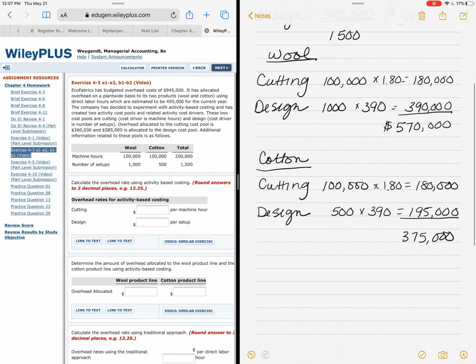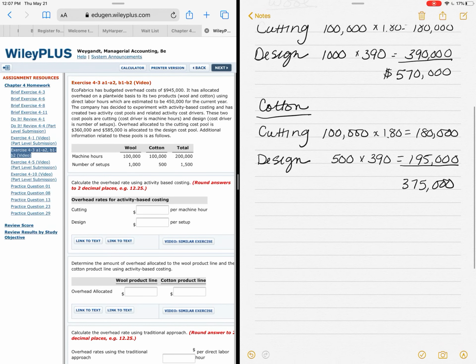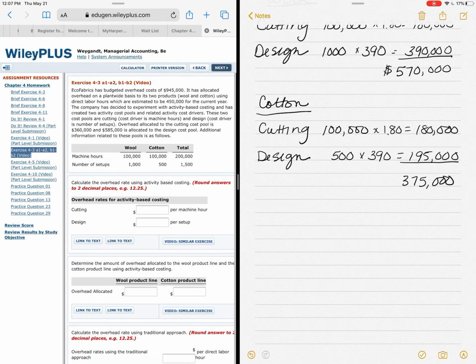Now let's take a look at what if we would have used that traditional base costing. Remember, traditional base costing just takes your total estimated overhead, which I can get from that first line. That traditional base costing, the total overhead that we expect is $945,000. I'm going to go ahead and divide that by my total.